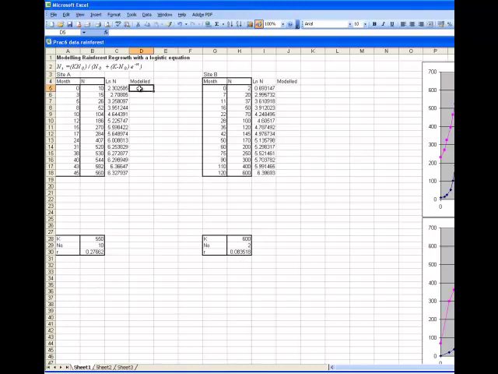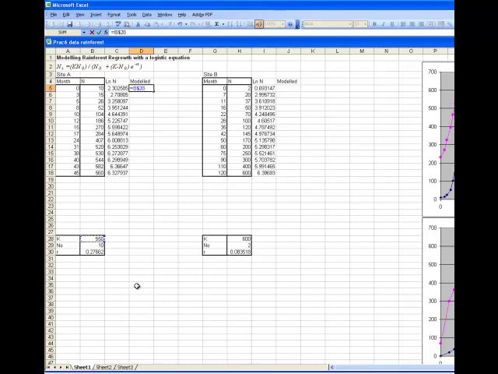So we want to write a formula that's going to equal the modelled value, the modelled population size at a particular time, that time being n0 in this case, and it's equal to k, which we can select from down here. And remember, we're going to copy this equation down, so we want to make an absolute reference to k, an absolute reference to the row number of k. So we need a dollar sign in front of the 28.